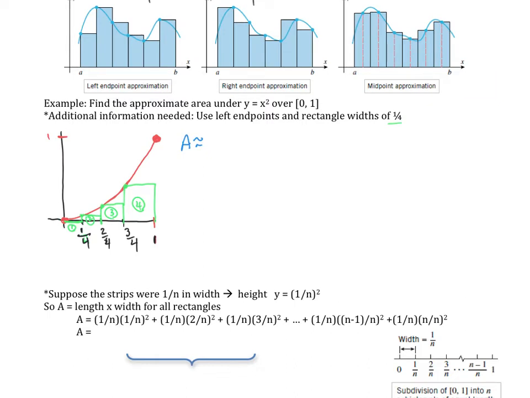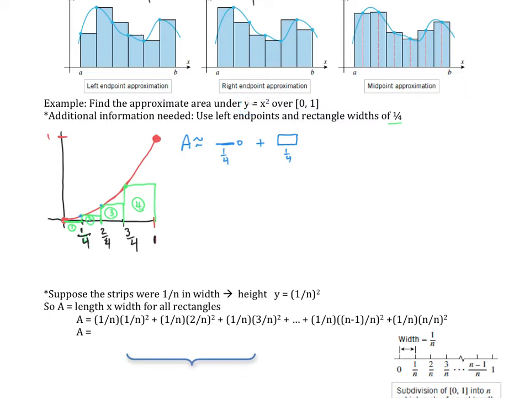each rectangle, right? So the first rectangle, and I'll draw it out here, has a width of 1/4 and a height of 0. Plus the second rectangle will have a width of 1/4. And how am I going to find out the height of this one? Well, take a look. This will give me this point right there, right? The equation itself will give me that value, that point I'm looking for.